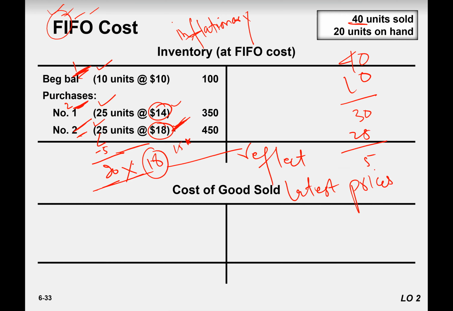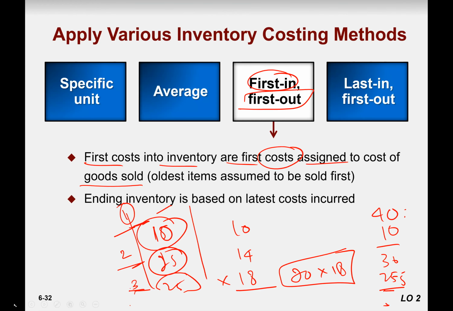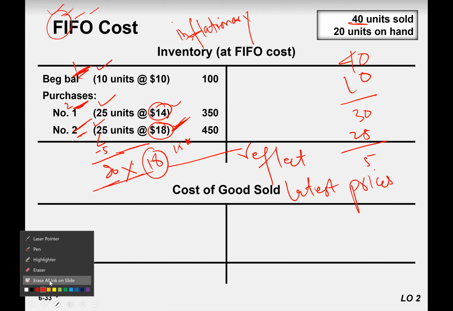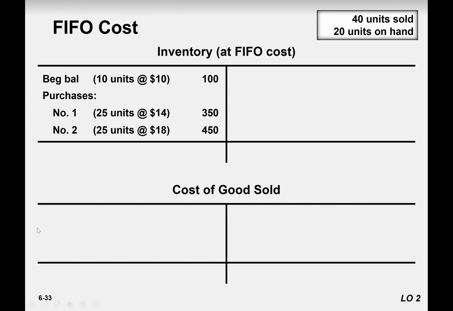But what happened to the cost of goods sold? Let's talk about this. So ending inventory is based on the latest cost, like I just told you, right? So let's calculate these. We are using first in, first out. So what is the cost here?